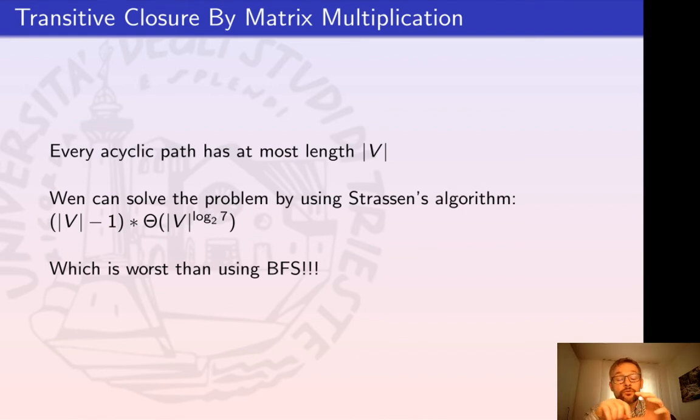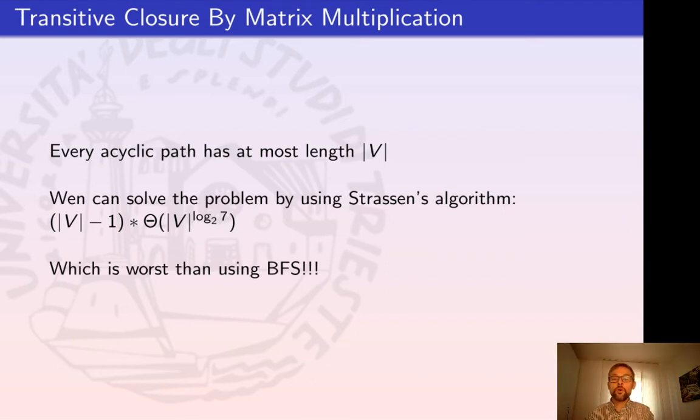So if you pass twice on the same node, for sure you have moved along a cycle. So if you take into account exclusively acyclic paths, the maximum length of a path on a graph is for sure the cardinality of the nodes in the graph itself.